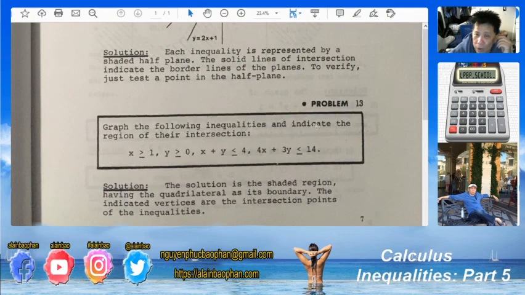But we still have two other inequalities left: x plus y less than or equal 4, and 4x plus 3y less than or equal 14.